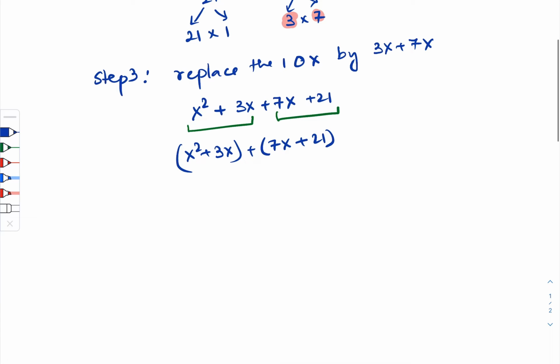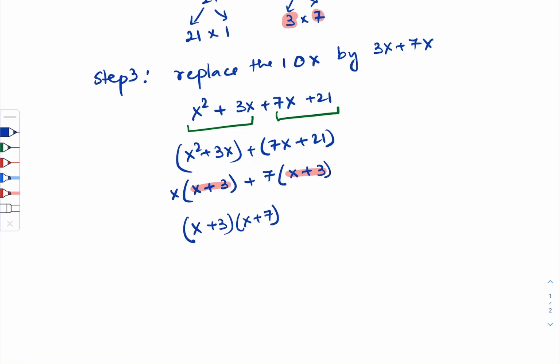Now if I factor by grouping, I can pull x out as a common factor for the first group, leaving behind x plus 3, and I can pull 7 out as a common factor for the second group, leaving behind x plus 3 again. Now if I'm on the right track, these two should match, which indeed they do. So I can write x plus 3 out here, and then the remaining is going to be x plus 7. And there you have it. That is the complete factorization of the trinomial.